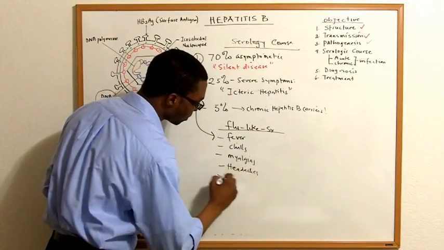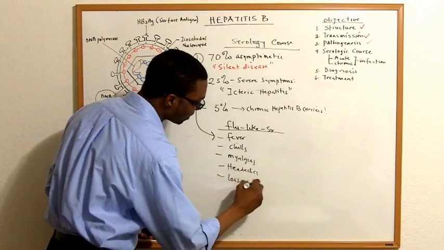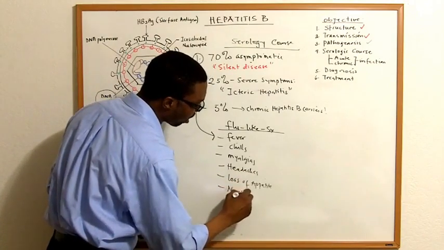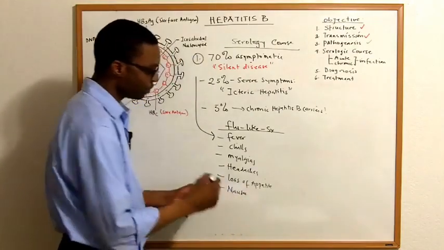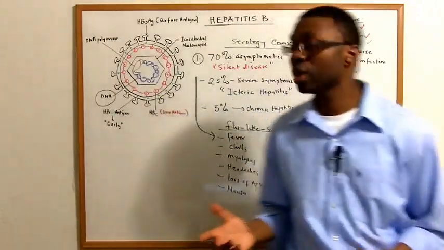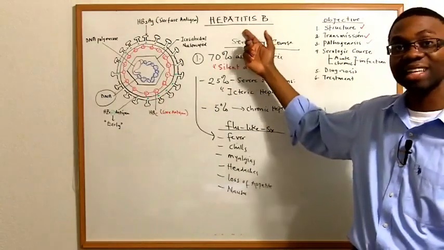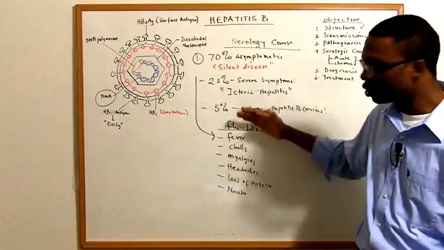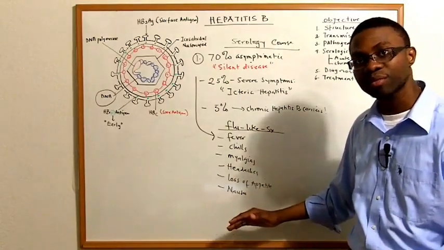For patients that develop mild symptoms, it feels like you're just having a flu. So patients don't know they're actually having a hepatitis B viral infection. But these are usually mild flu-like symptoms.